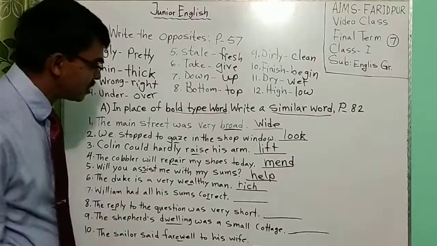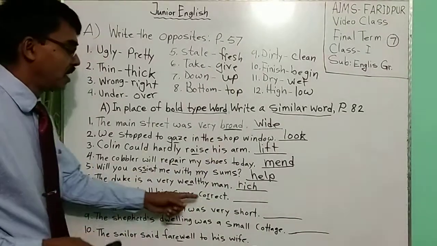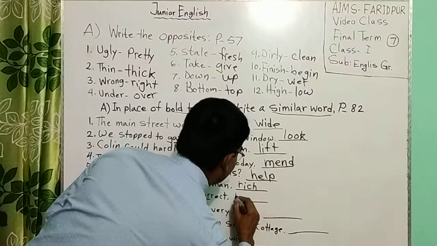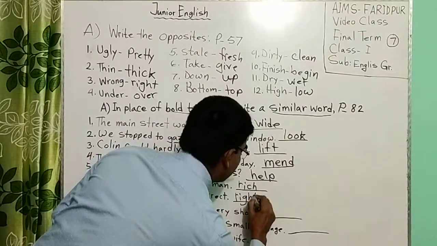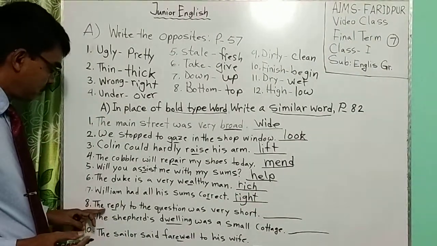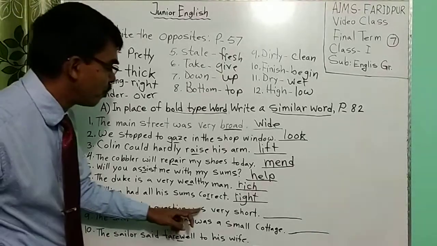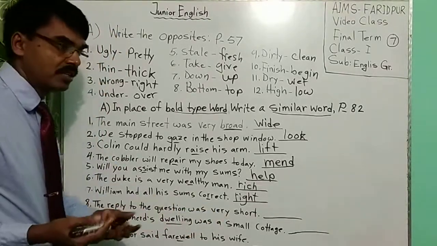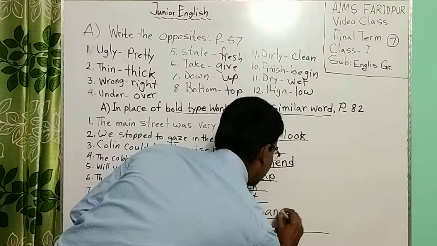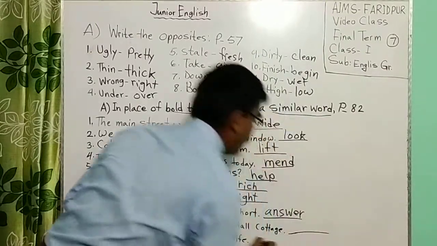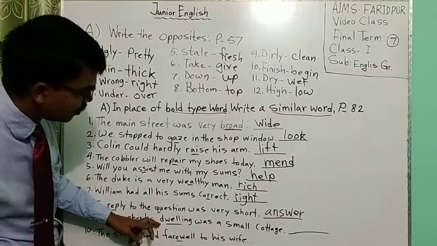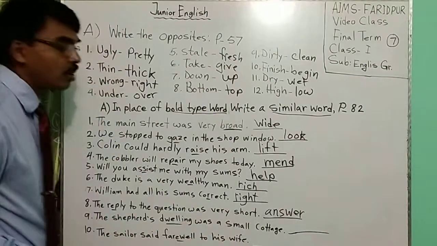Let us go to the next, number 7. William had all his sums correct. Correct, another word, right. Then 8th number, the reply to the question was very short. Reply, another word, answer. Then second last, the shepherd's dwelling was a small cottage.